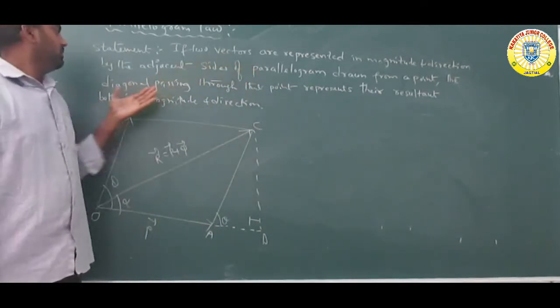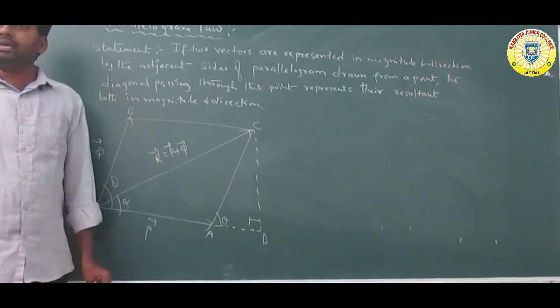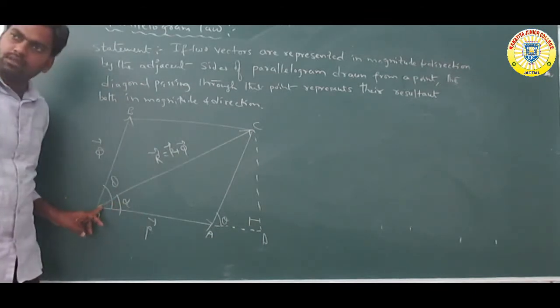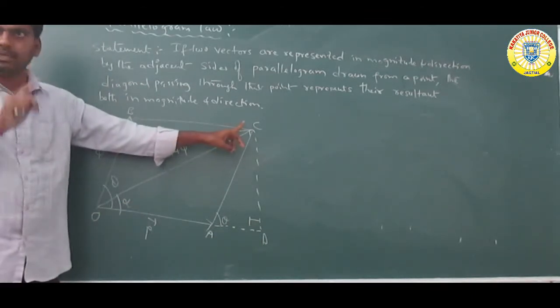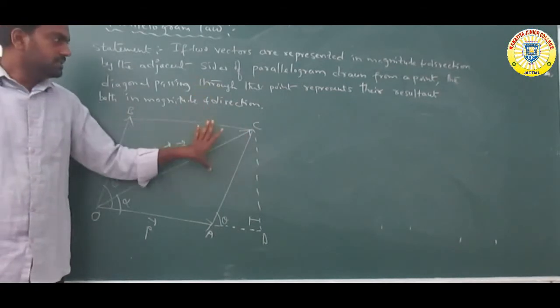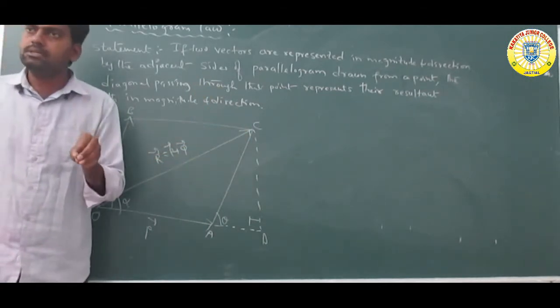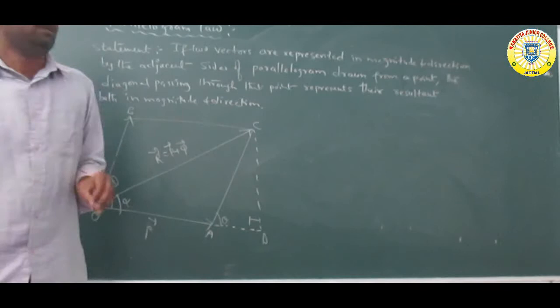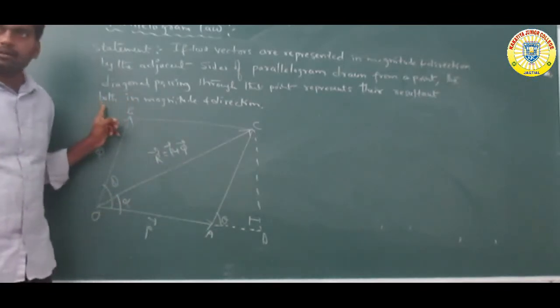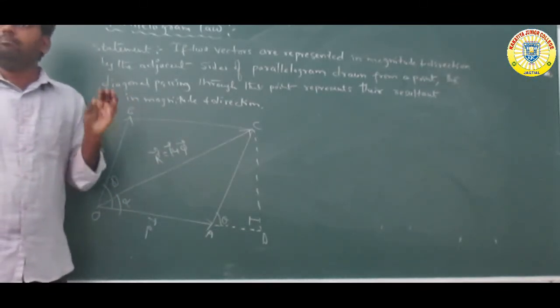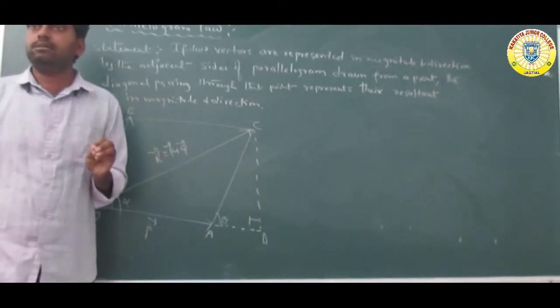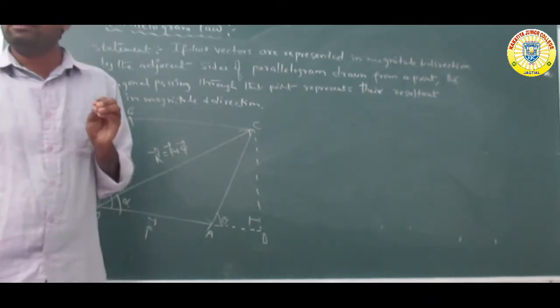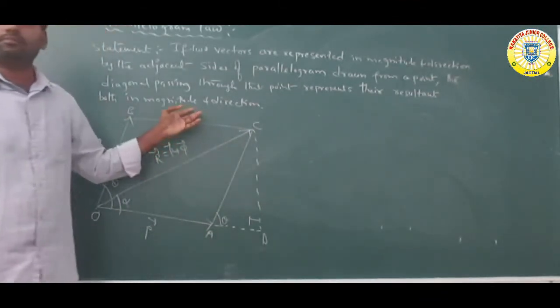And the diagonal is passing through the same point, and the diagonal gives the resultant. The resultant vector gives the magnitude and direction.